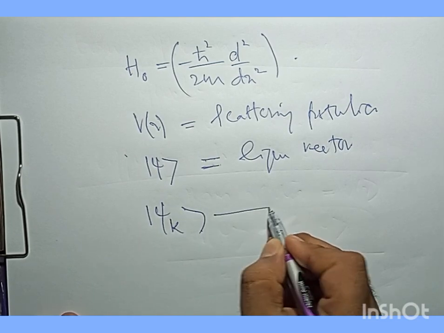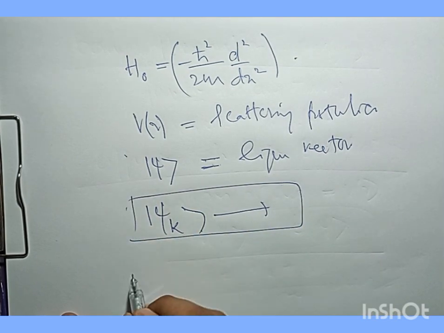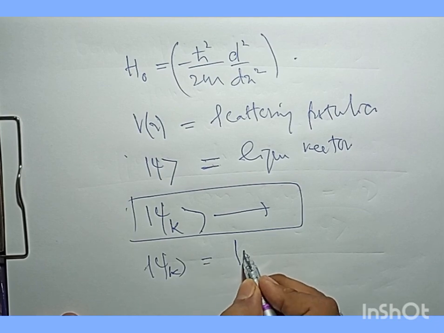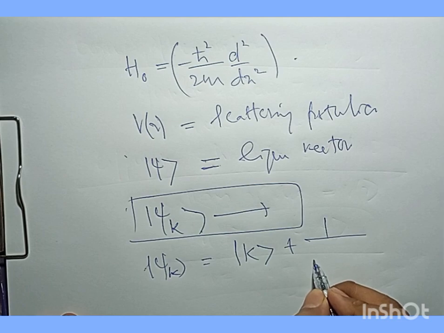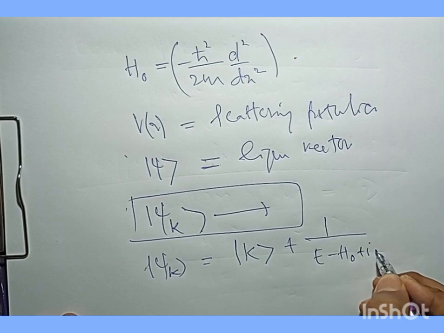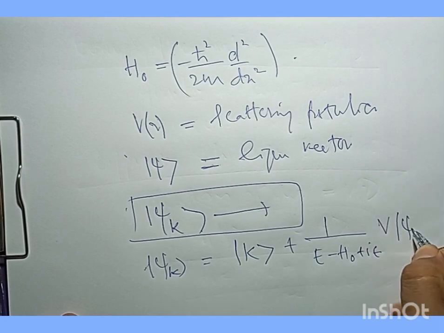Now psi k gives us the measure of scattering, and this psi k is the state k plus 1 by E minus H naught plus i epsilon V of psi k.